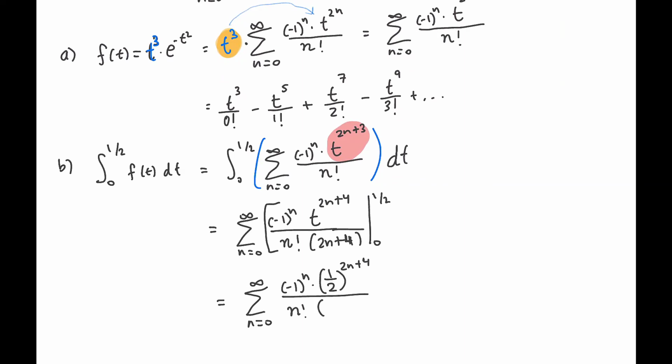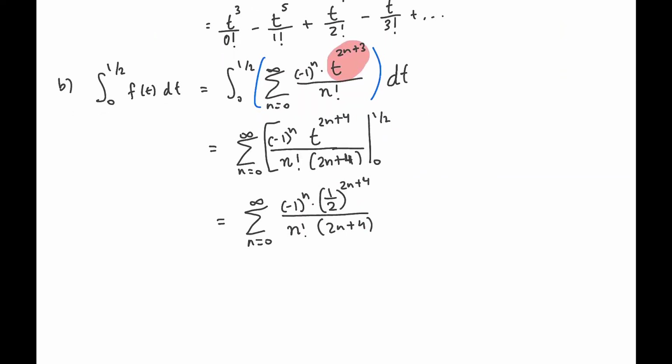Of course, you can write it nicer once more: the sum from n equals 0 to infinity of -1 to the power of n, all divided by n factorial times 2n plus 4, and then times 2 to the power of 2n plus 4.